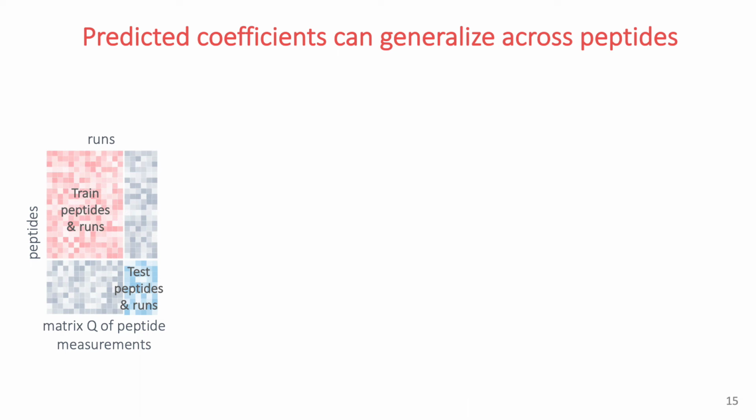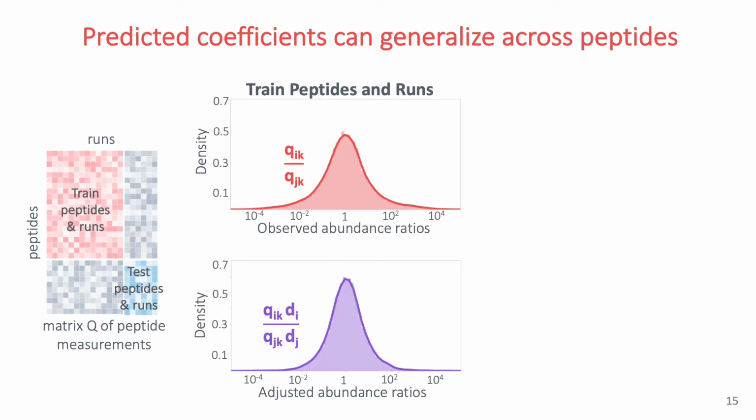We also split our runs into train and test sets so that our test matrix consists of a disjoint set of peptides and runs. And we trained our neural network from the train matrix and predicted coefficients for train and test peptides.